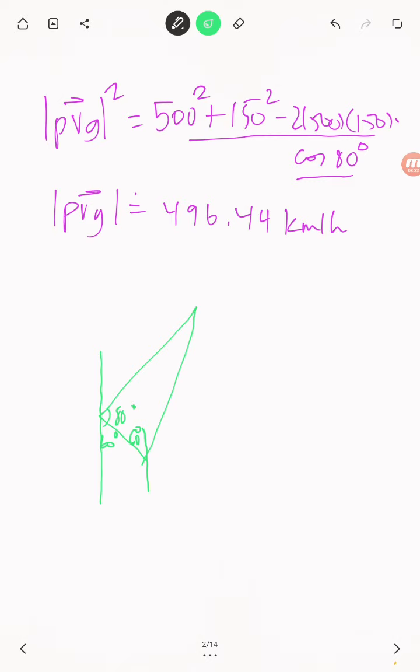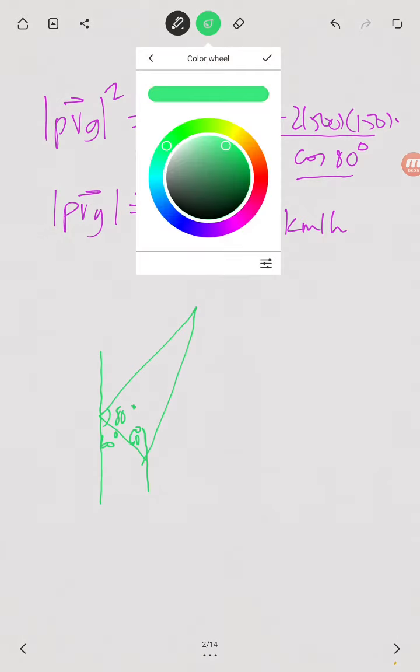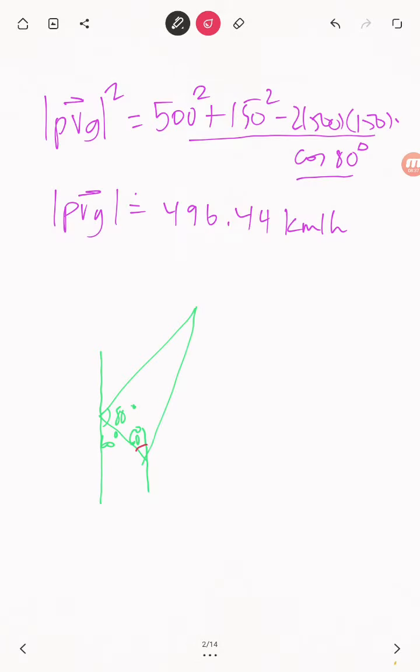Now that's good because I can now use sine law to find this entire angle in this triangle, and then just subtract 60 from it, and I will have this angle here, which is what I want to name the direction of PVG as a true bearing. So this is PVA, and this one over here is AVG.